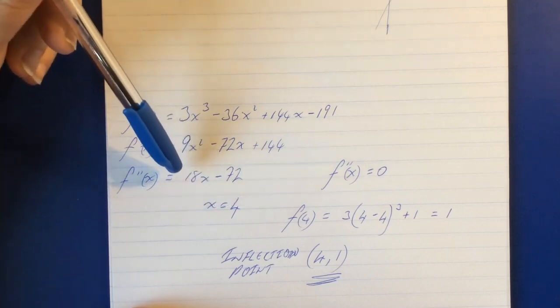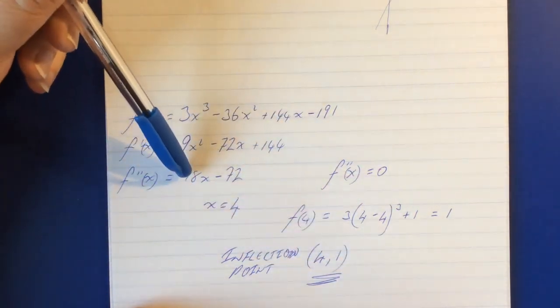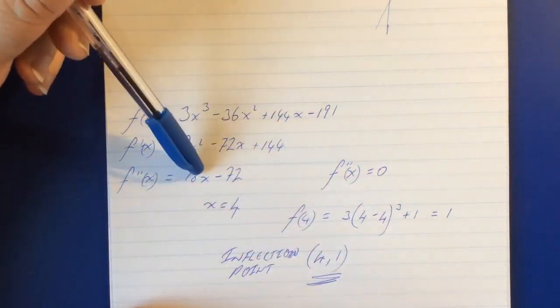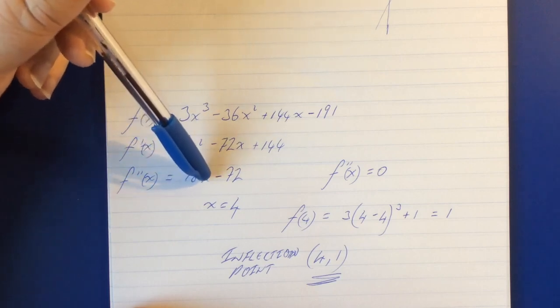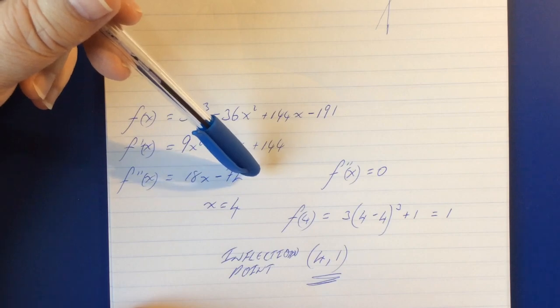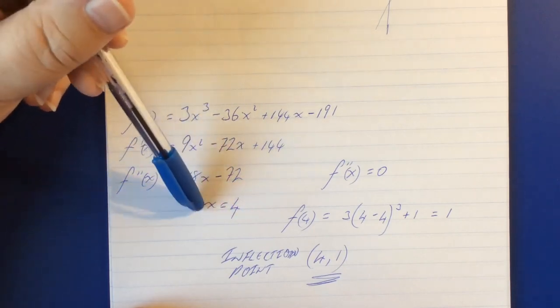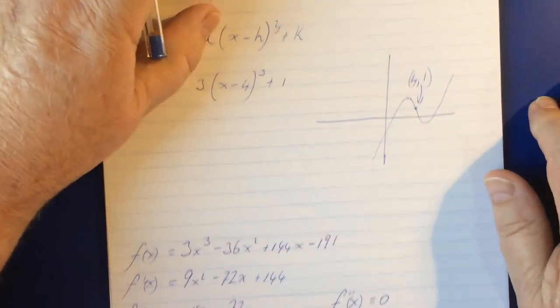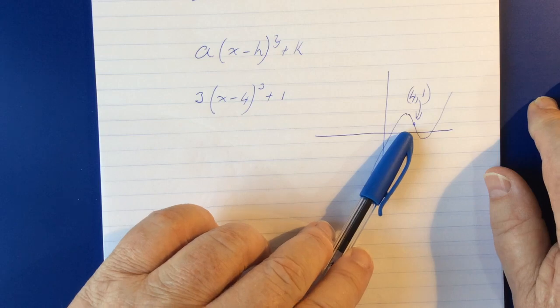So let's just go through it. In order for this to equal 0, x must equal 72 divided by 18. 18 fours are 72, so x equals 4. Now that is borne out here, and it's illustrated here.